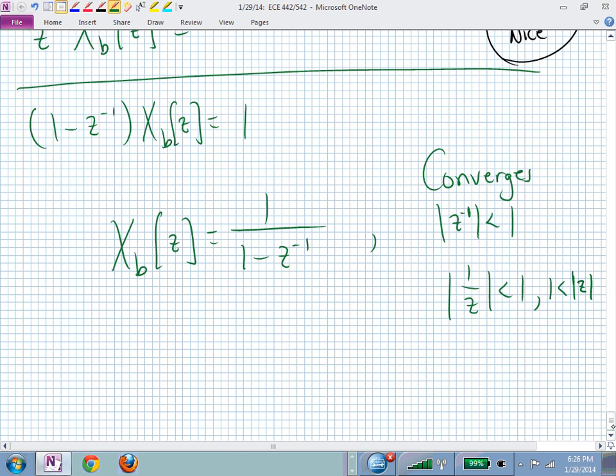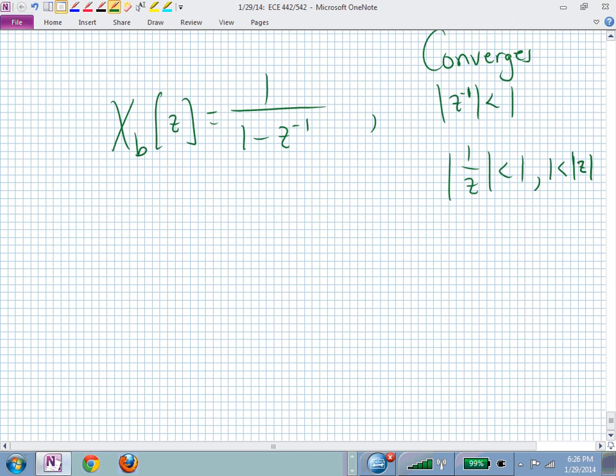But I could do my strategy for writing this in terms of positive exponents like I've done before. I can factor out a z to the minus 1 in the denominator from both terms. This now says that X sub b of z could be written that way, but that's just z over z minus 1.